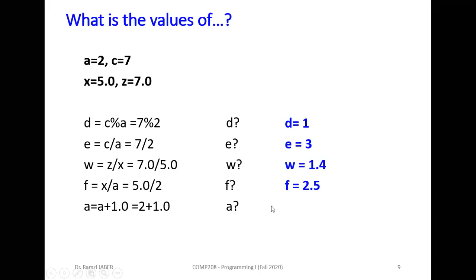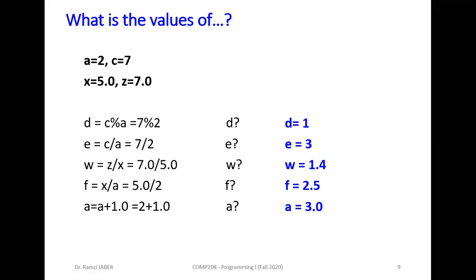The last one: what is the value of A equal A plus 1.0, which means A equal to what? We have a float number here, so integer plus float will give us a float. So it's 3.0, not 3.